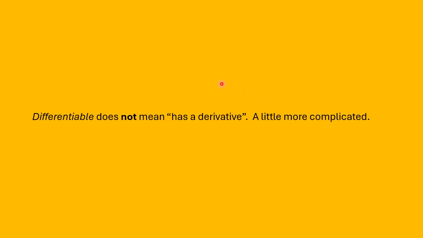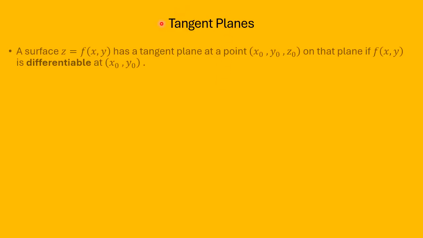We will find tangent planes to surfaces defined by differentiable functions at a point on that surface. We will say that a surface z equals f(x, y) has a tangent plane at a point (x0, y0, z0) on that surface if f(x, y) is differentiable at (x0, y0).